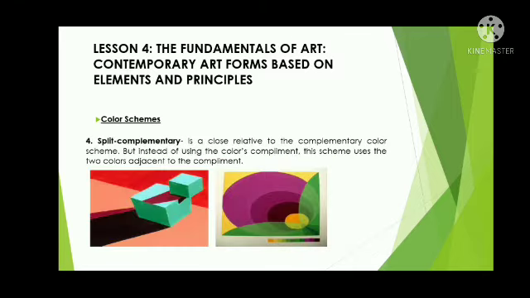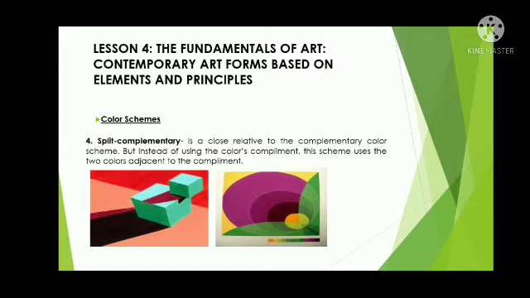Next, we have split complementary. So when we say split complementary, it is a close relative to complementary color scheme. But instead of using the color's complement, this scheme uses the two colors adjacent to the complement.